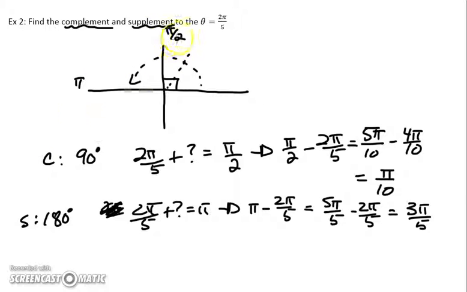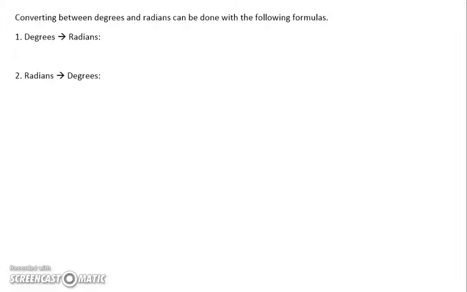Now, pi over 2 and pi are two angles that you're going to need to have memorized, but if you forget, we do have a way to convert between degrees and radians.